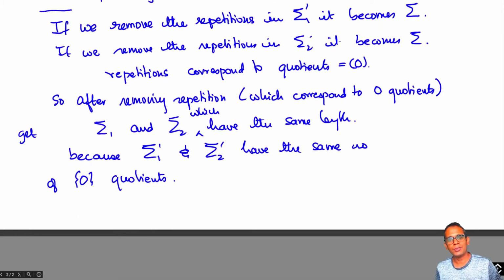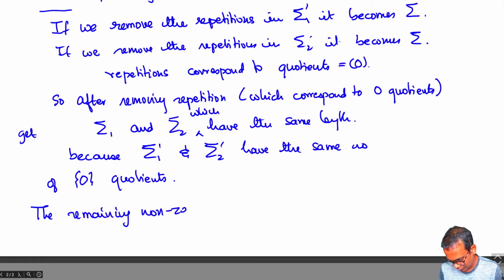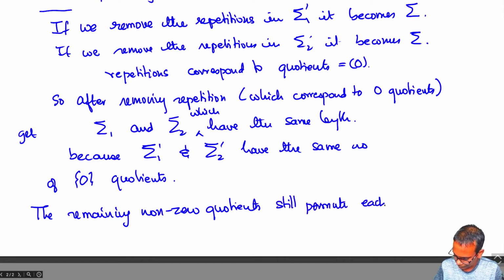And the remaining quotients, of course, they permute each other. If the remaining non-zero quotients still permute each other, then we have a bijection between the zero quotients.